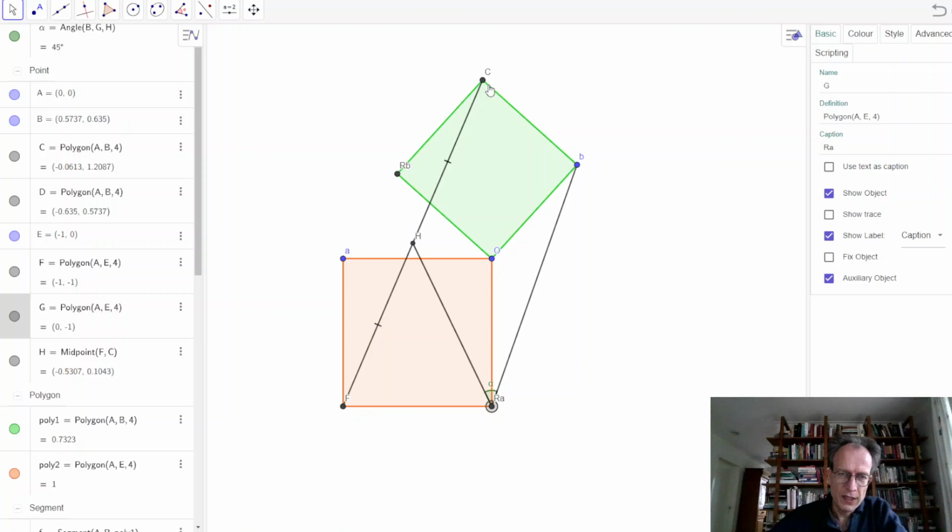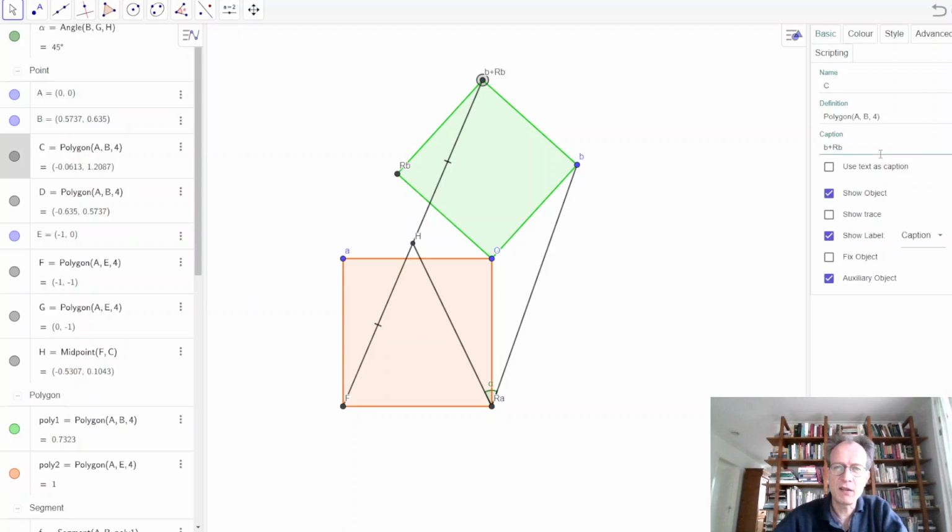Now, these points are the sum of those two vectors. You can apply the parallelogram rule, but of course it's a square, so it's even simpler. But this is the sum of B plus RB. That's basic vector algebra. And similarly, the point F is the endpoint of the vector A plus RA. Now, this leaves us one vertex to show, and that is the point H, which is the midpoint between these 2 points.